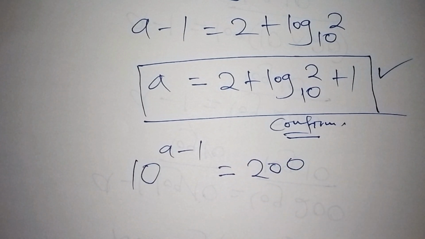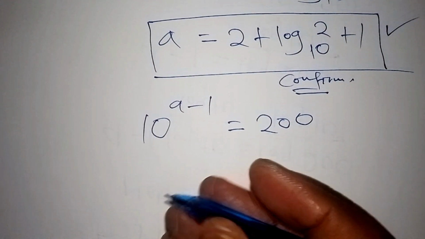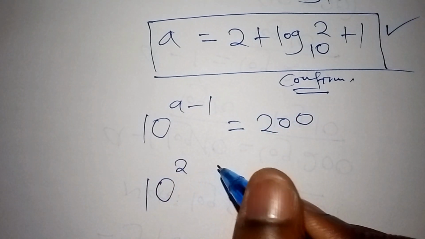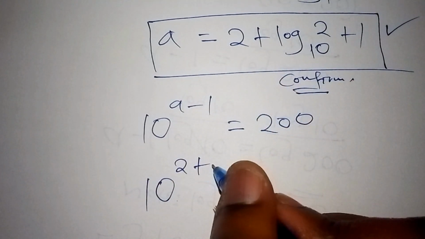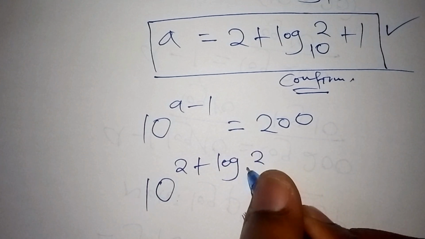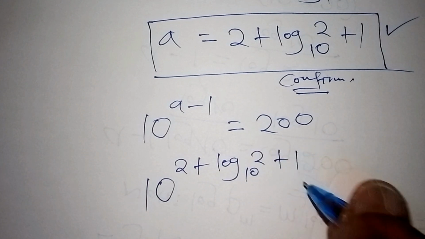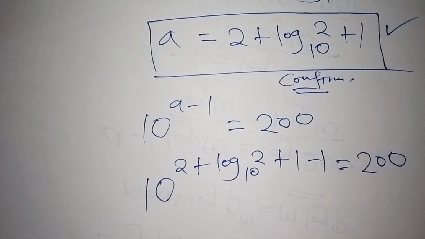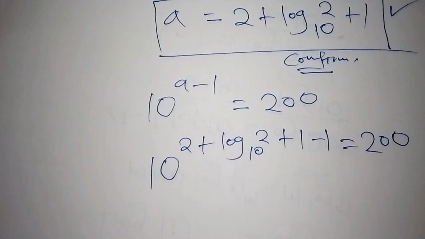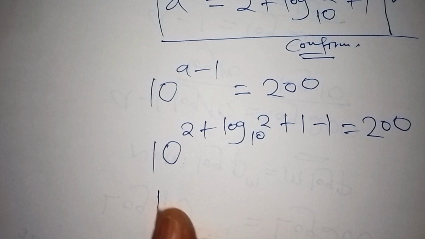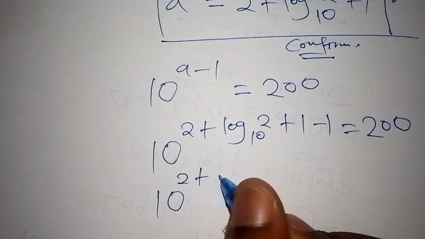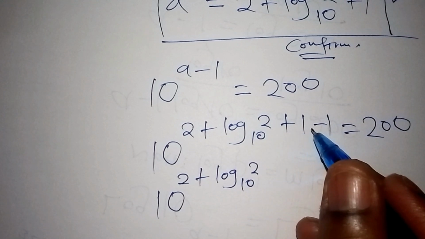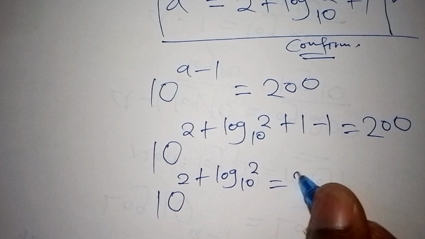So here now we shall have 10 to the power of a, which is 2 plus the log of 2 to the base of 10 plus 1, and finally minus 1 is equal to 200. So now we shall have 10 to the power of 2 plus the log of 2 to the base of 10, so plus 1 minus 1 is 0, this one is equal to 200.